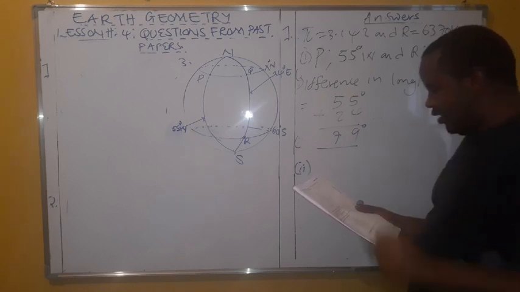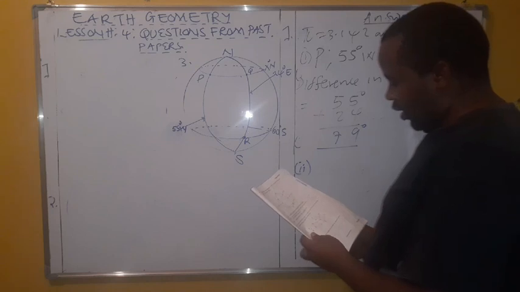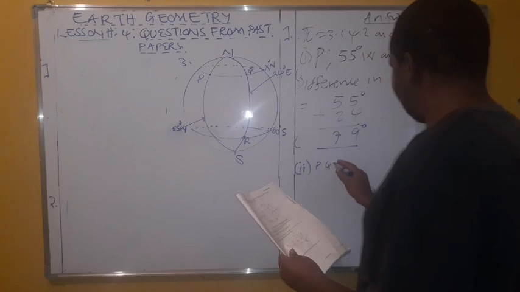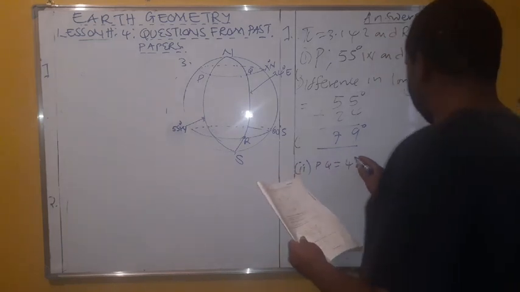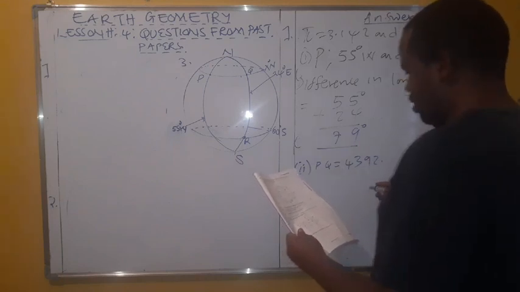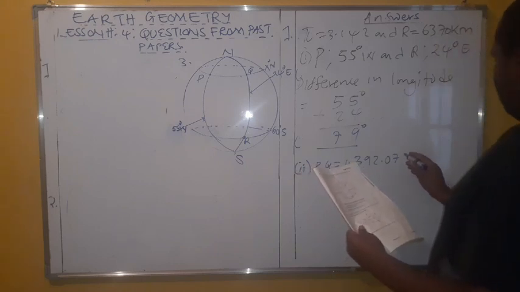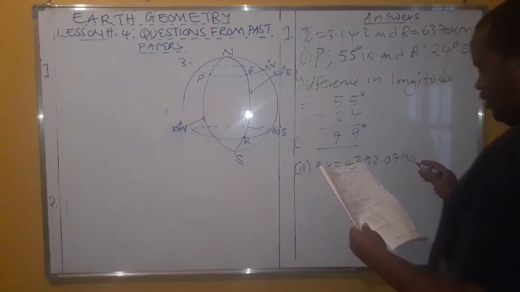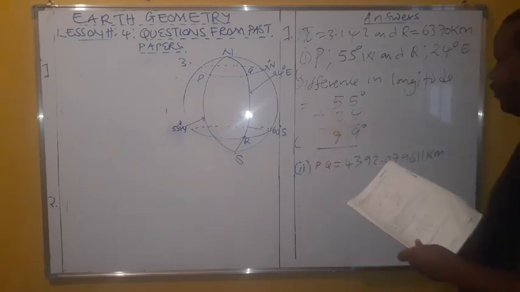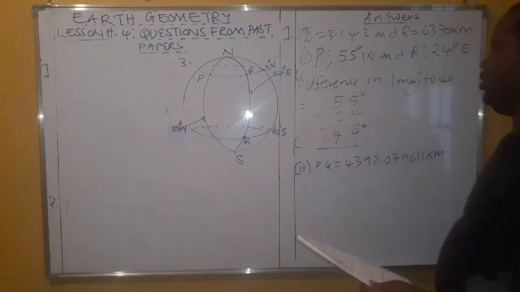So we are saying our distance, that is PQ, is given as 4,392.079611 kilometers. That is the distance given between P and Q. So if that's the case, can we find the latitude?